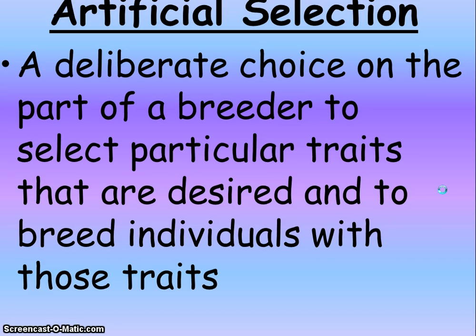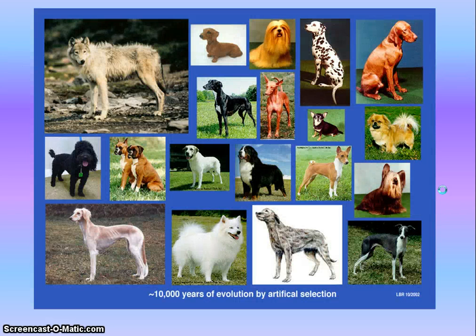It's called artificial selection. Artificial selection is when a breeder takes a particular trait and then breeds those individuals with those traits. So it is very deliberate, and it doesn't happen naturally. These are things that breeders or scientists will actually take and breed more. Maybe there's a hen that lays better eggs, so they keep breeding those hens to get more hens that lay better eggs, or more cows that give better milk, so they'll breed those.